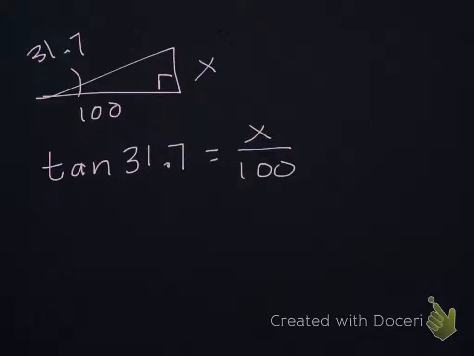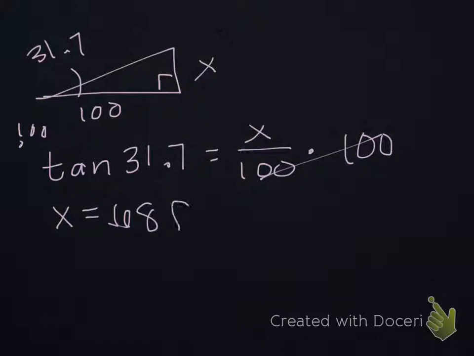To solve for x, I would multiply both sides by 100. So it's going to cancel. And when I type this in, 100 times tangent of 31.7, I get 67.8, so we'll round that to be 68 feet. Okay, so that's that little piece. On the next page, we're going to do the other calculation.